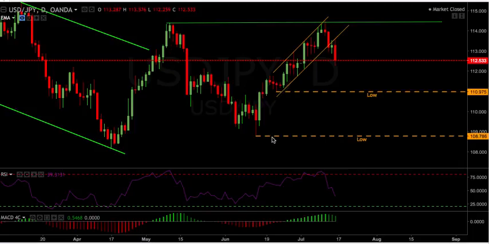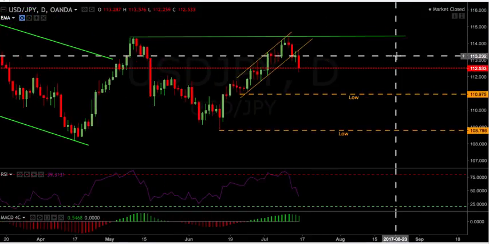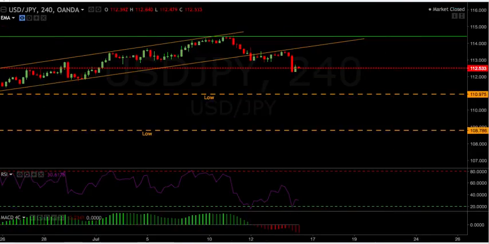We have two current lows that price would have to breach in order for me to get a bearish sentiment for dollar yen. Right now, I'm expecting this to form another continuation pattern or extend this smaller pattern and then continue bullish. Let's look at the lower time frame, the 4 hour.